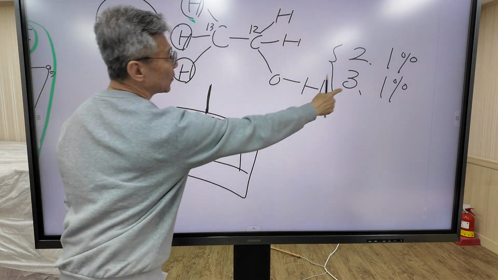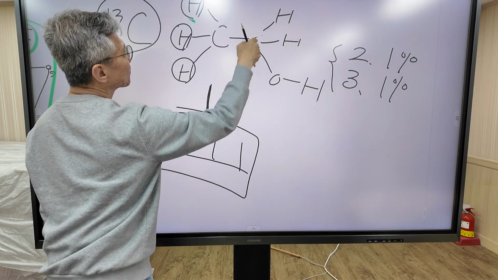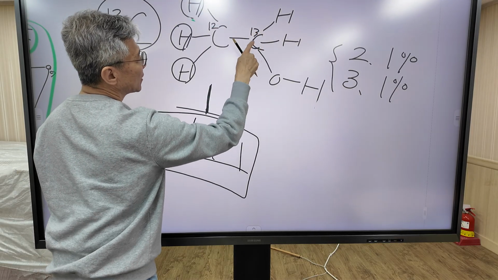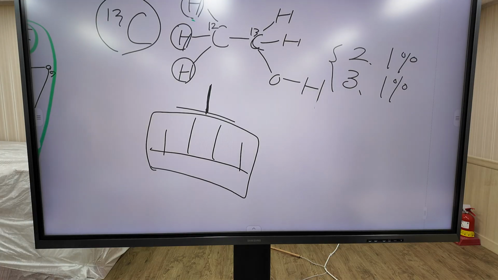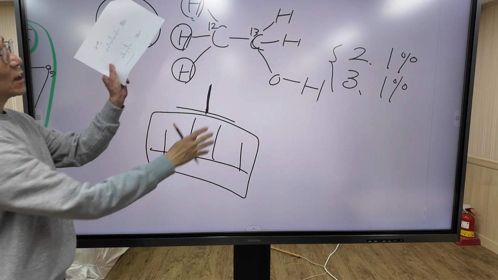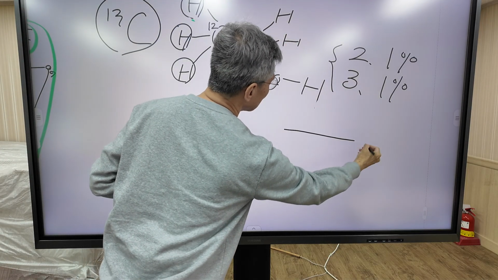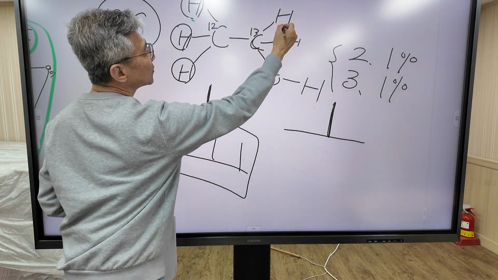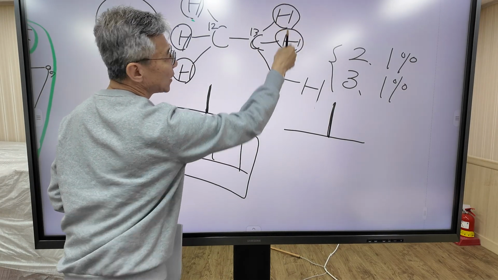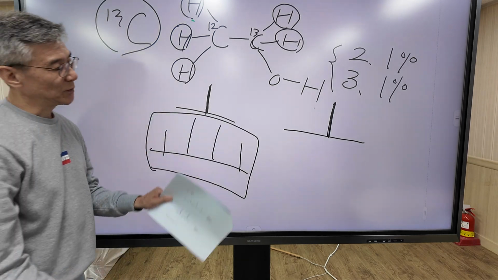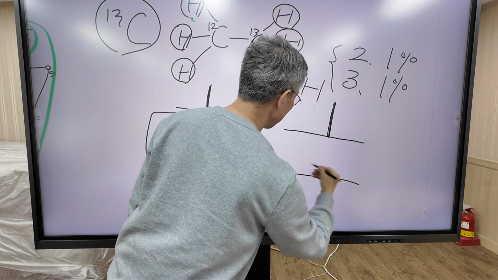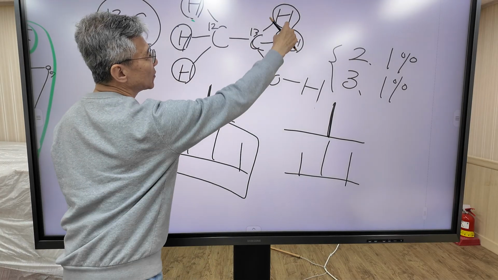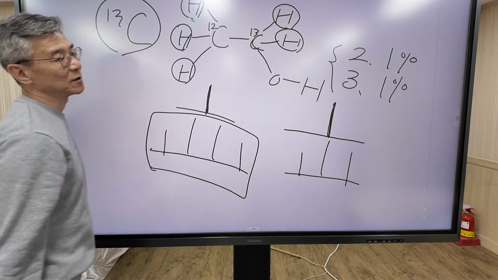Now, molecule 3. In molecule 3, this carbon is substituted by carbon 13. Without protons, only a single line would be observed. But this carbon is coupled to two hydrogens, so this peak is split into a triplet.